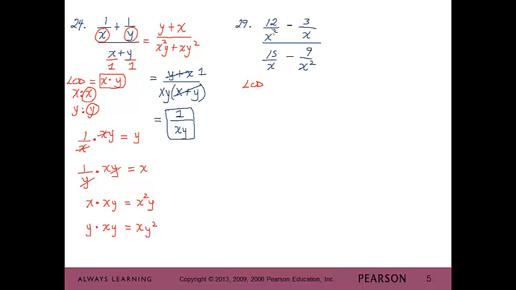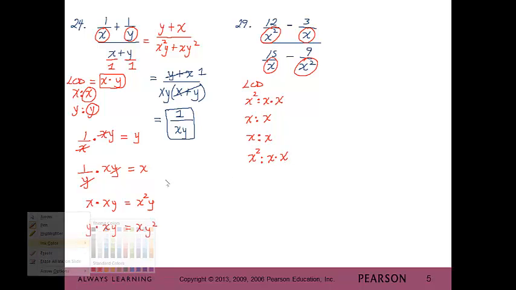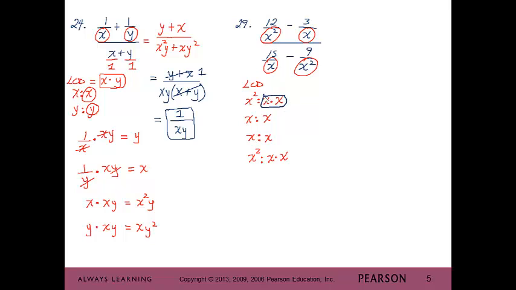So now we have denominators of x squared, x, and x squared. The factors of x squared are x times x. The factors of x are x. And then the factors of x squared again, x times x. So we start the LCD by writing the factors of the first denominator, which is x times x.